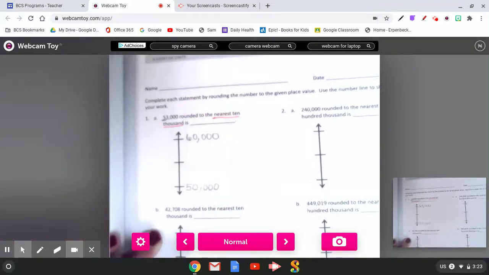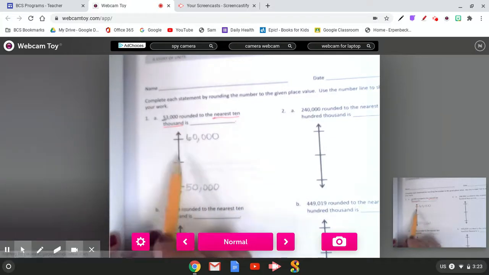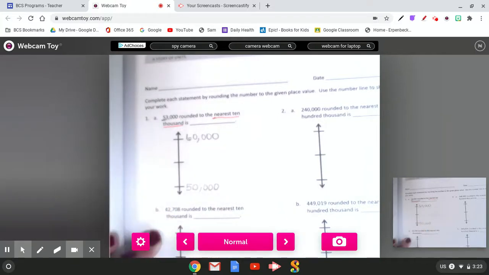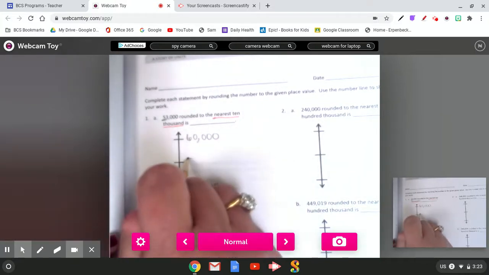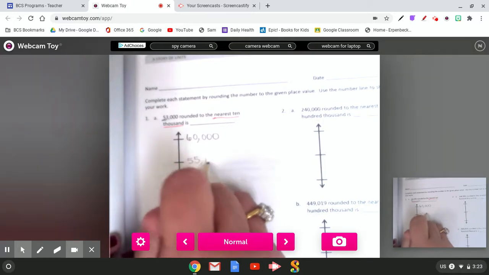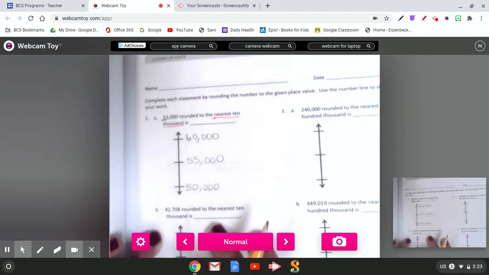We identify the midpoint just so that when we place our number, we can see visually whether or not it is closer to 50,000 or 60,000 in this case. So halfway between 50 and 60 is 55,000. Okay, 55,000. So you want all three numbers on your number line.